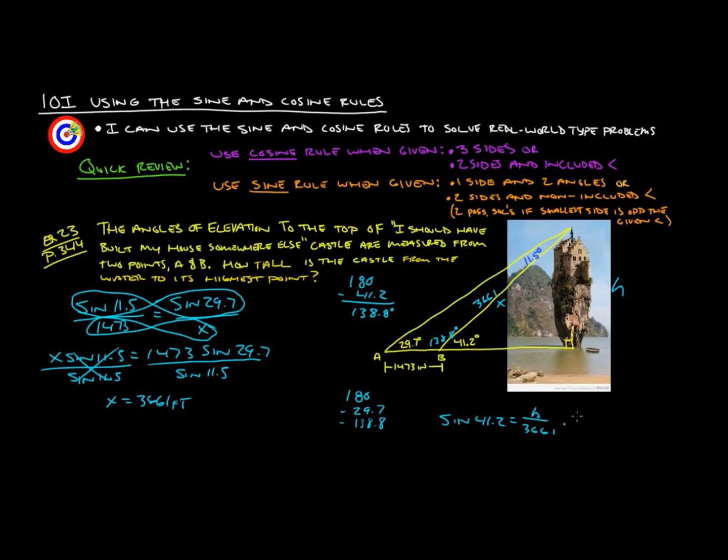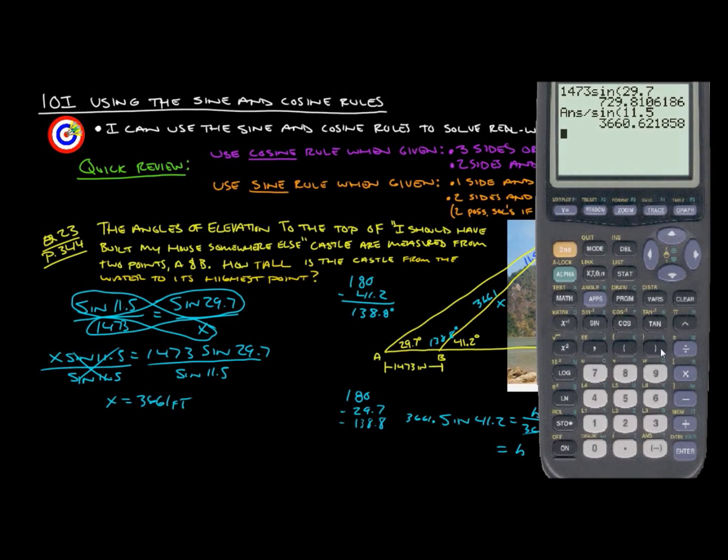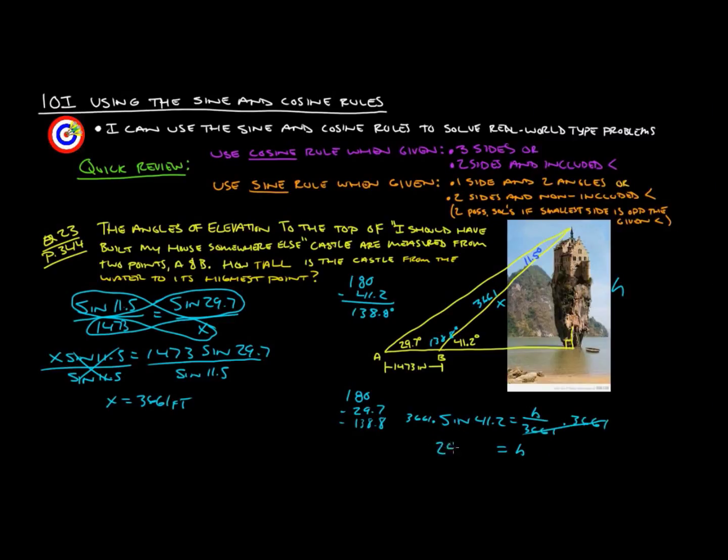Multiply both sides by 3661, and we get that the height of this building is 3661 sine of 41.2, which is about 2,411 feet. Or sorry, 2,411 inches if I stick to the units that we had here.